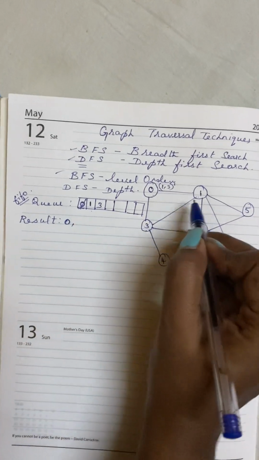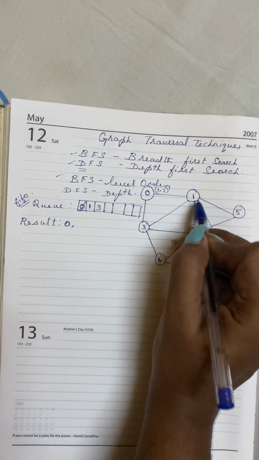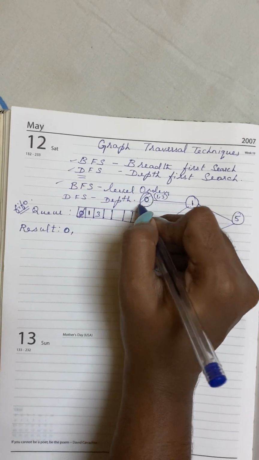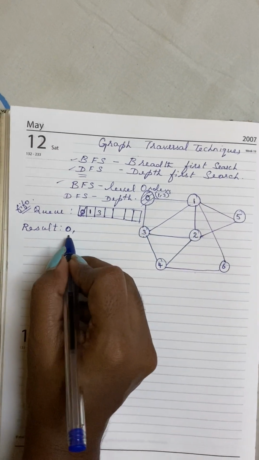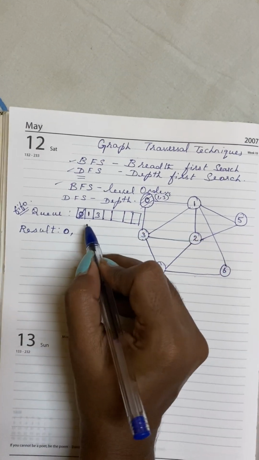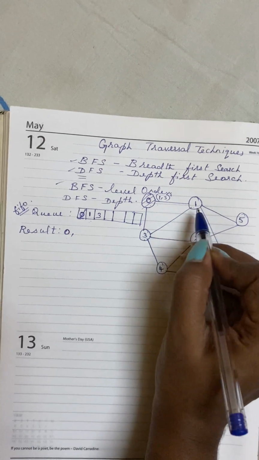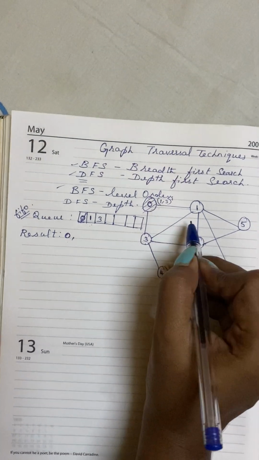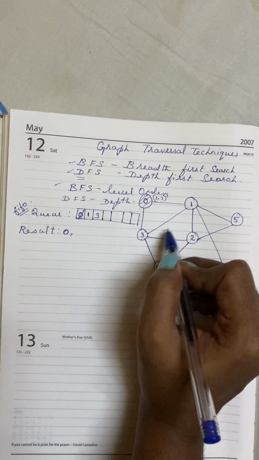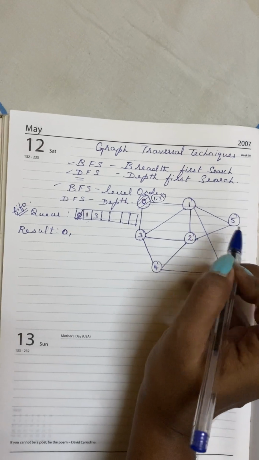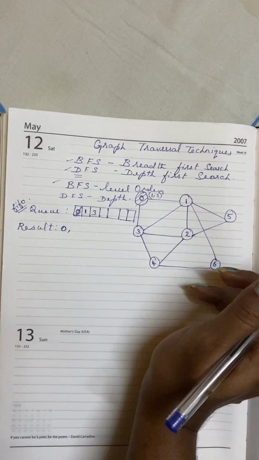So we have to go to 1. This node is visited, I have given it in the result. Next in the queue I have 1, so I'm moving to 1. Now I'm checking all the adjacent elements of vertex 1.